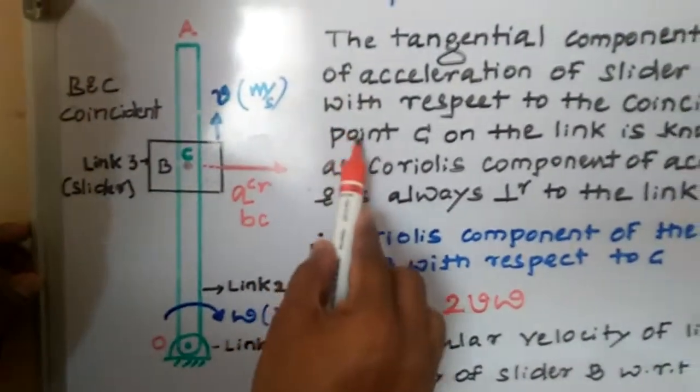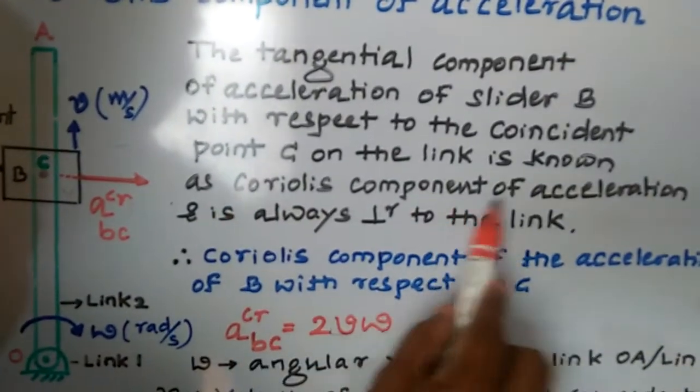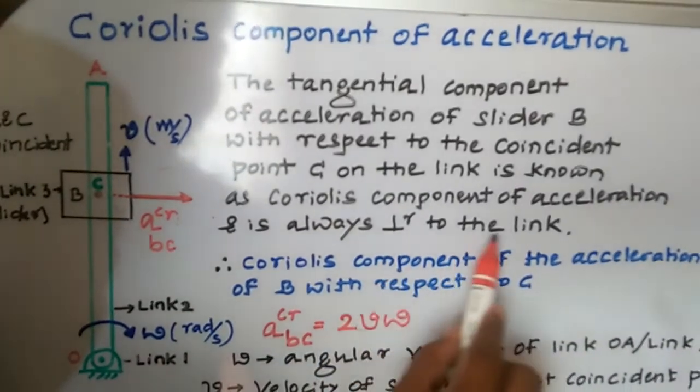The acceleration of B with respect to the coincident point C on the link is known as the Coriolis component of the acceleration. The Coriolis component is always perpendicular to the link.